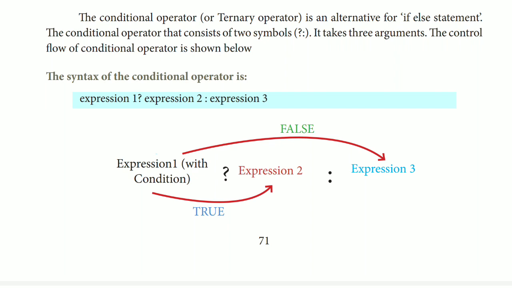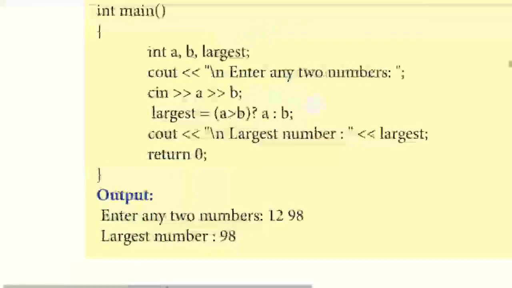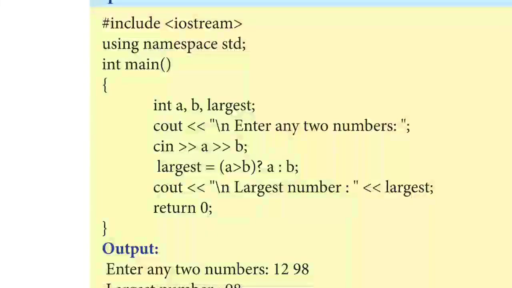Function means it is a set of code that is predefined or user defined, which can be called by using its function name here in expression 2 or even expression 3. So we'll see an example here. Here you can see that they have given three variables: a, b and largest.